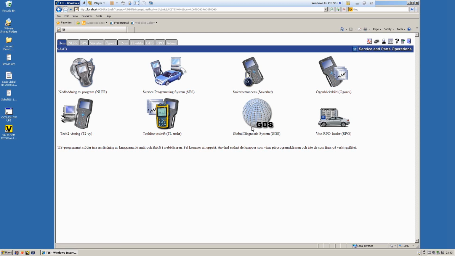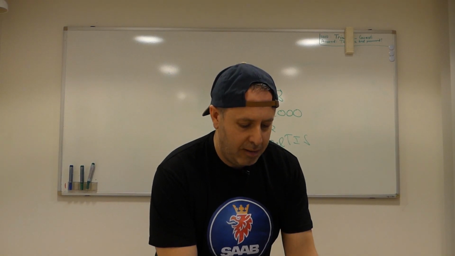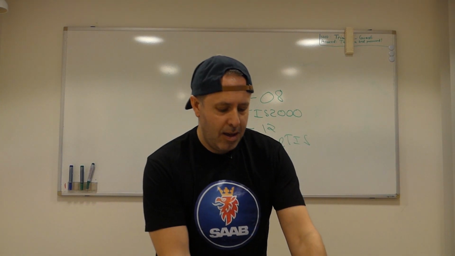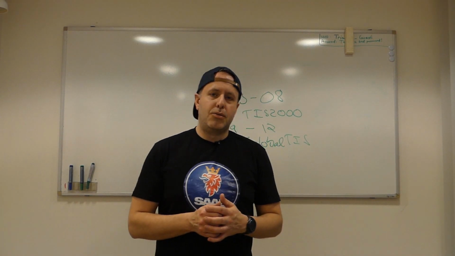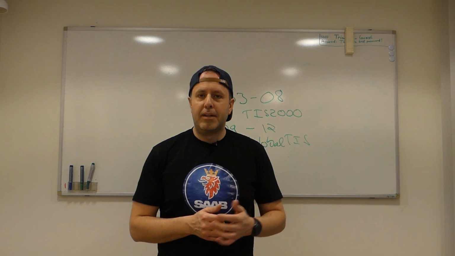So that was the GlobalTIS interface, almost the same. Same procedure when you go into this. So now you know how to connect the Tech2 to the PC to get security access. And security access for model year 2003 to 2008 is TIS 2000 and 2009 to 12 is GlobalTIS.